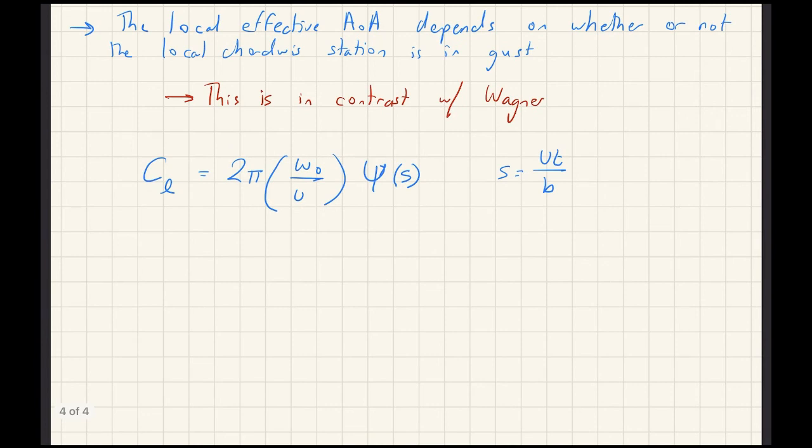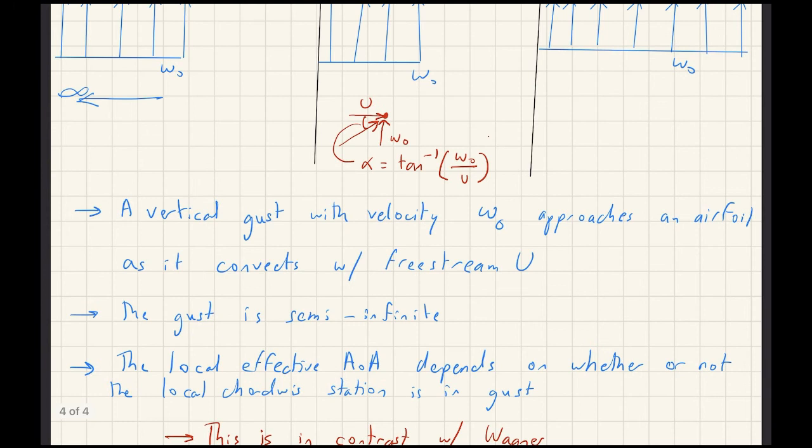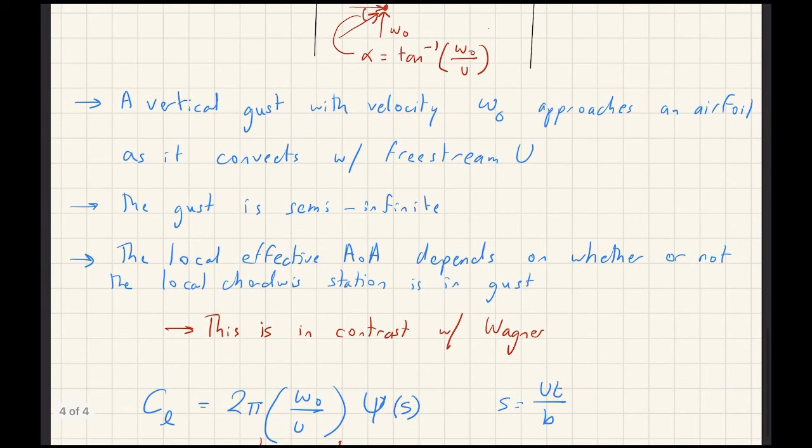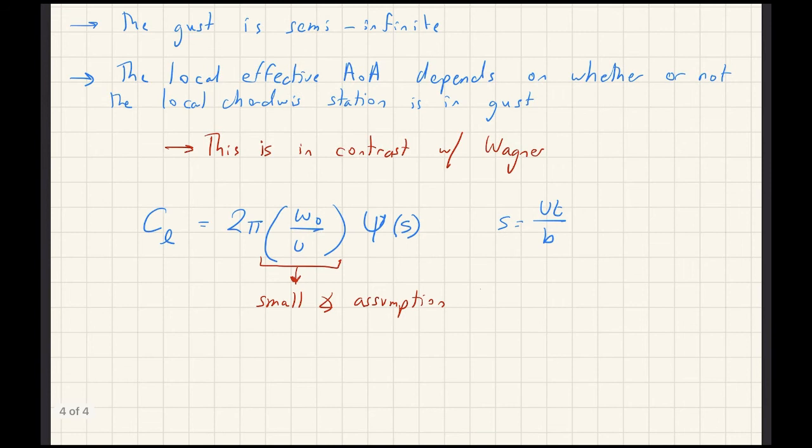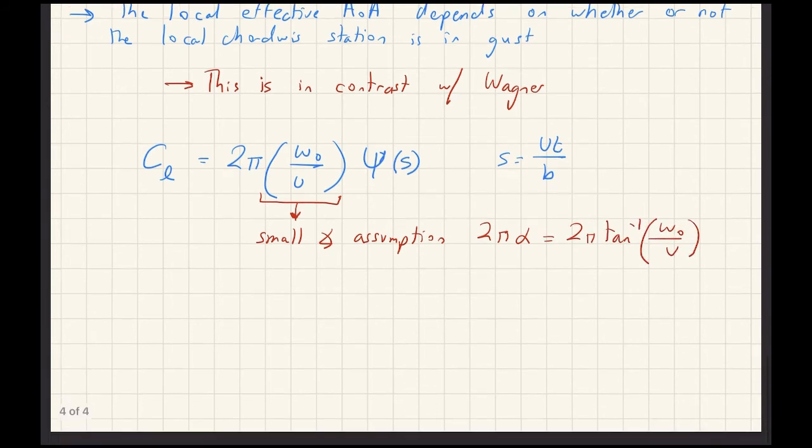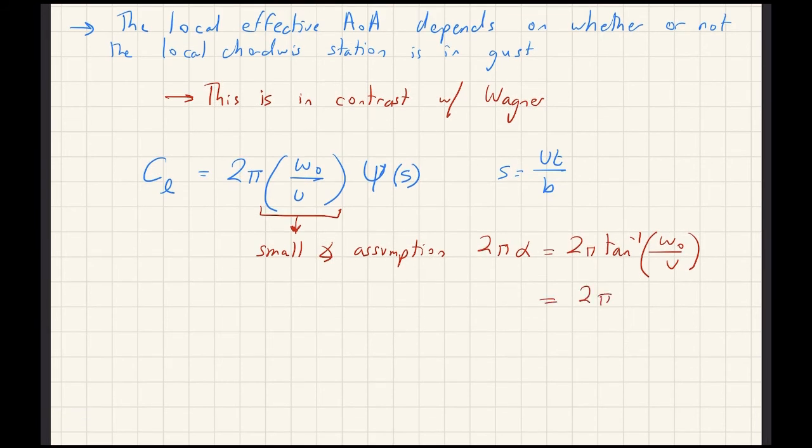And this bit here, w0 over U, is the effective angle of attack using the small angle assumption. If you recall, I said that the angle here is equal to the arctangent of w0 over U, right? So 2 pi alpha is equal to 2 pi arctangent of w0 over U, and using small angle assumptions, this is equal to just w0 over U.